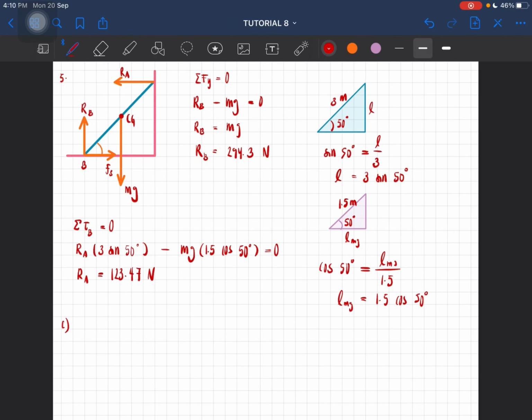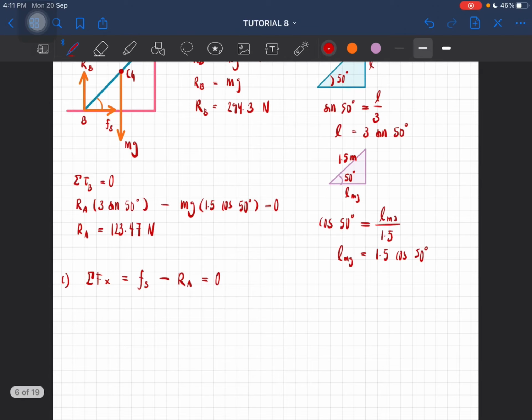Finally, question C, we have to find the coefficient of friction. In that case, we are going to use the x component. Okay? So the x component is total force at x is equal to the frictional force minus RA. Okay, so this is gonna be equal to 0 sebab dia in equilibrium.